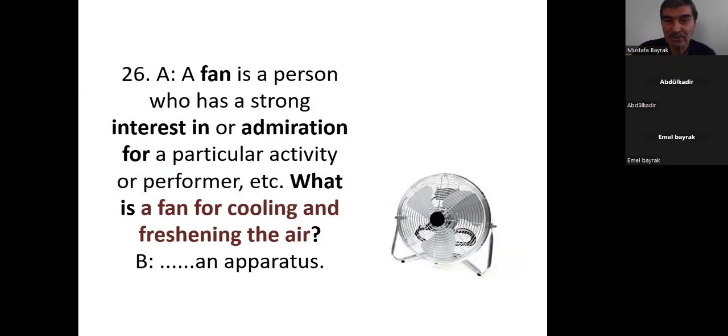So fan has got two meanings here on this page. Fan is a person who has strong interest or strong admiration for a football club, for example. Okay.